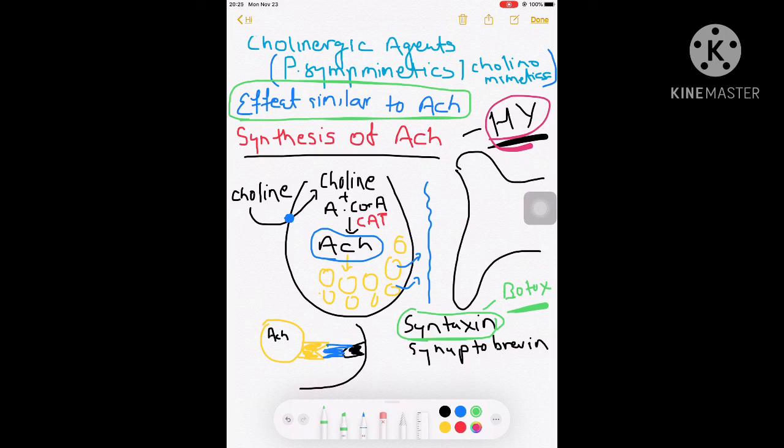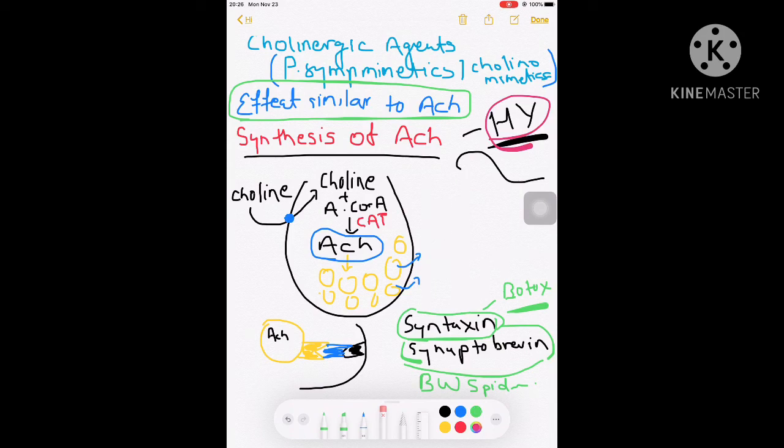The point about synaptobrevin and syntaxin also comes when we talk about the black widow spider.